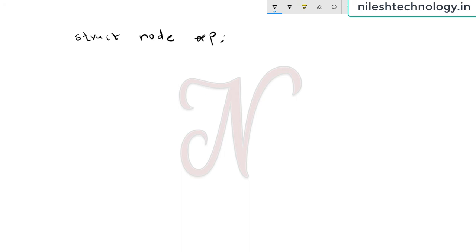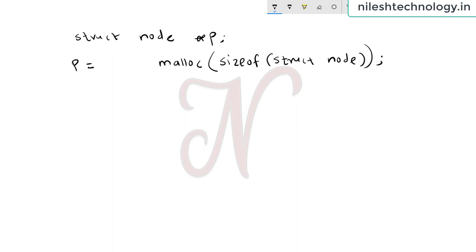If you want to revise this concept, go to that link and see what dynamic memory allocation is. P equal to, there is a malloc function, and here allocate by using the sizeof operator, struct node, then a semicolon.